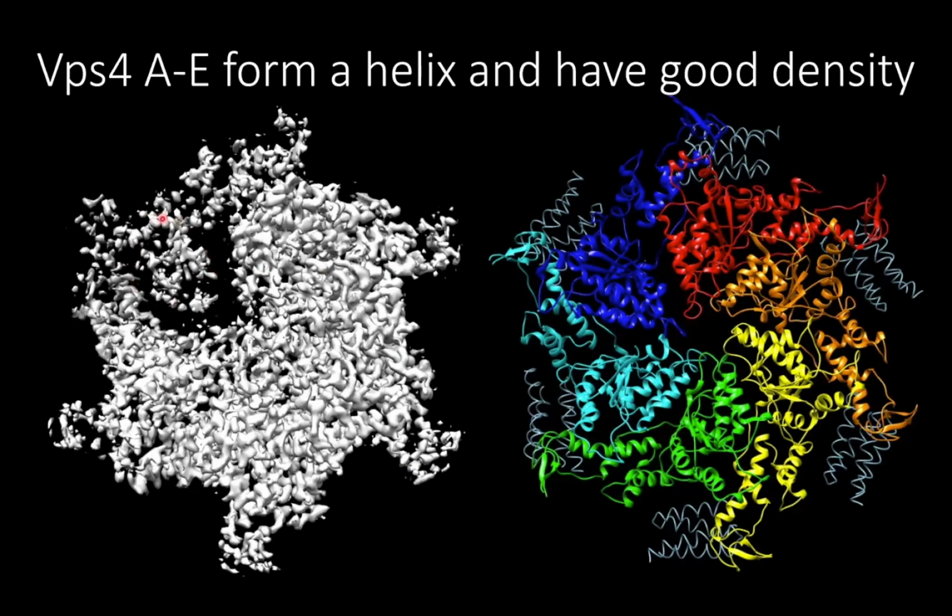In fact, focused classification shows that this subunit is occupying multiple positions as if caught in the act of transitioning between one end, the lagging end of the helix here, and the growing end of the helix there. That's a concept that we will revisit shortly.